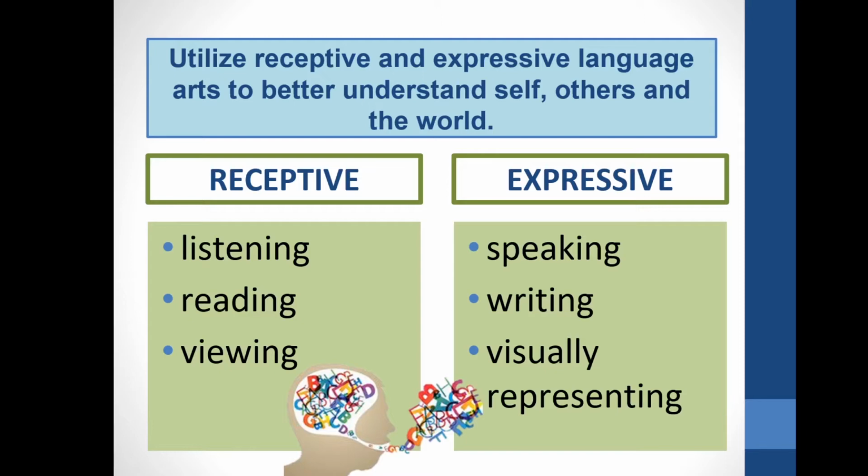So you're seeing the list on the screen. When we're talking about receptive language, we're talking about plain old listening, reading, or viewing a visual to begin to gather the information we need in order to express ourselves, whether it be through speaking, writing, or drawing a picture as visually representing.